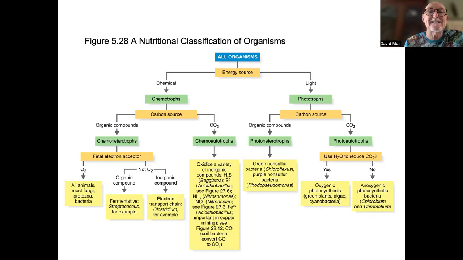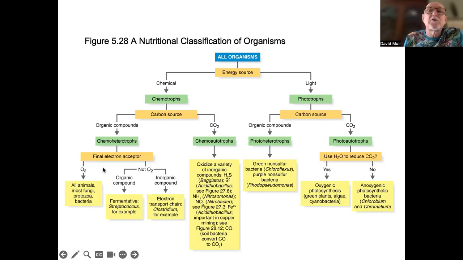So we are utilizing oxygen as the terminal electron acceptor. And that is by far the commonest situation because it's a very, very efficient way of producing your ATP. So that's all animals for a start. Almost all fungi is the same, and many, many bacteria and protozoa. They all utilize this system, but not all.